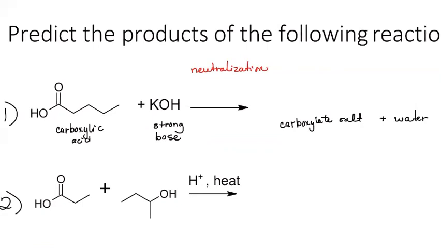So when we write the structure of the carboxylate salt, all we have to do is redraw my pentanoic acid without including the hydrogen. Because in a neutralization reaction, what happened overall is that the OH combined with this H, and that's where my water comes from.